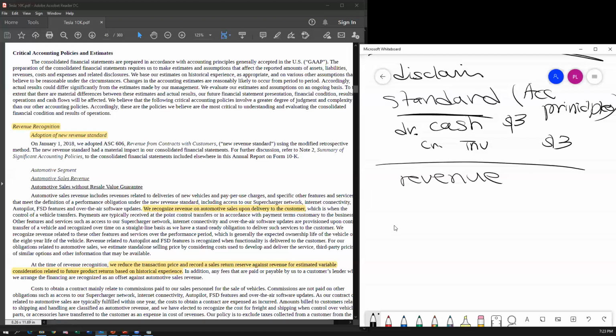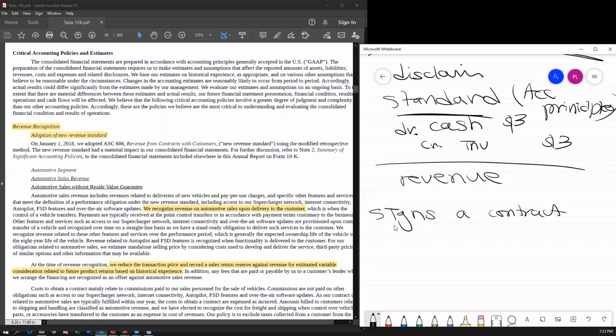Let's say you are Tesla, okay, and a customer comes to the dealer shop and then signs a contract. At the point of the signing, Tesla does not report revenue, even though the customer signs the contract.